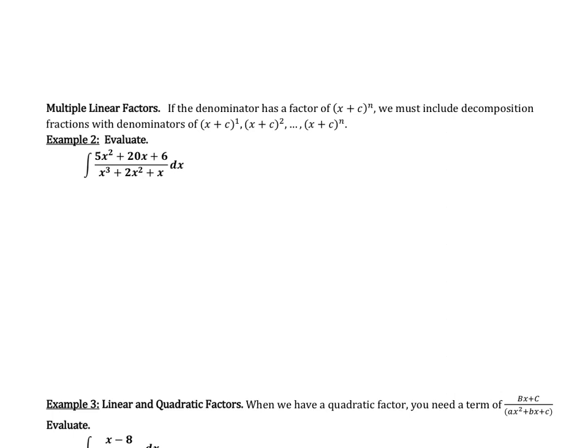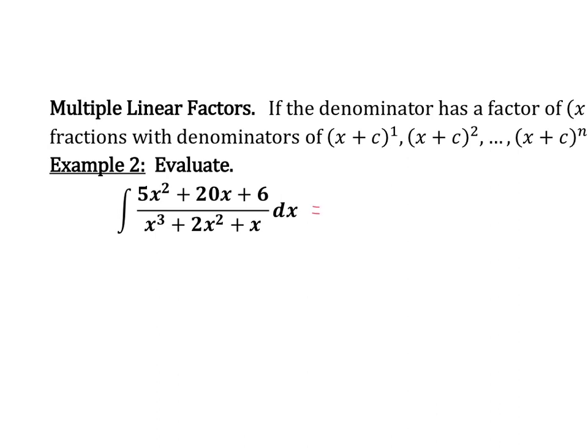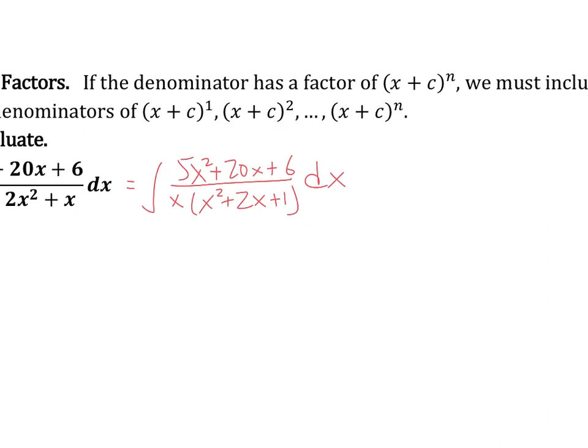All right, so here we have an integral we need to work with. We want to factor the bottom. So we're going to pull out an x, and that leaves us with x squared plus 2x plus 1 times that x on the bottom, and then the same top. We want to factor some more, so we ask ourselves, can we factor that?